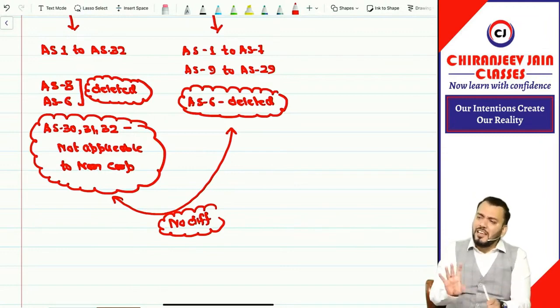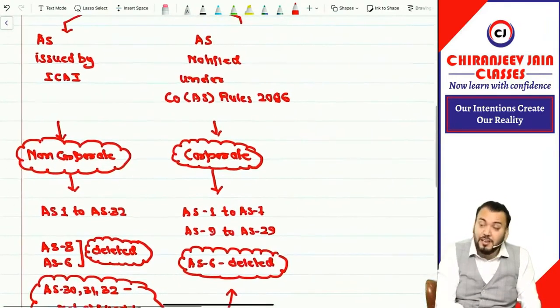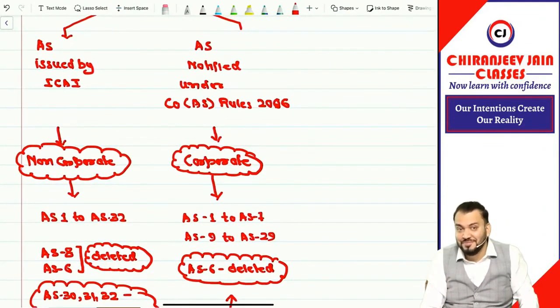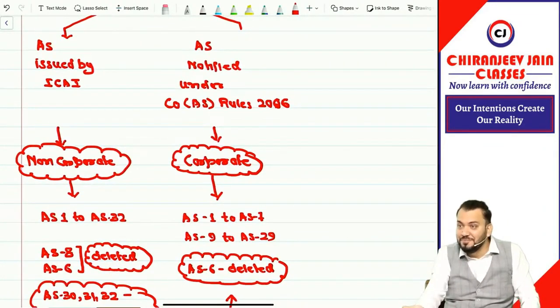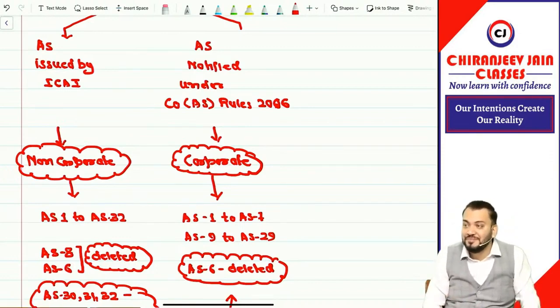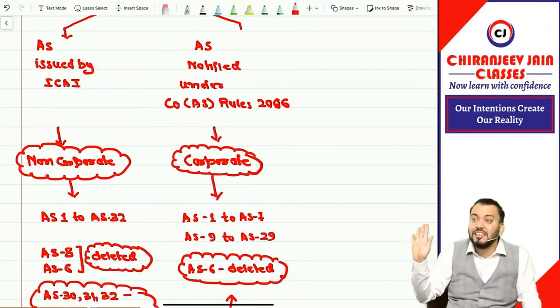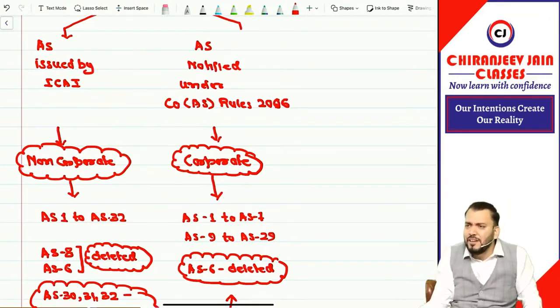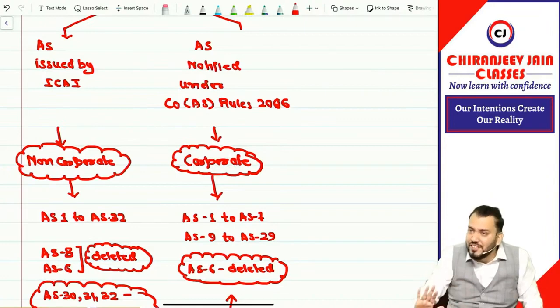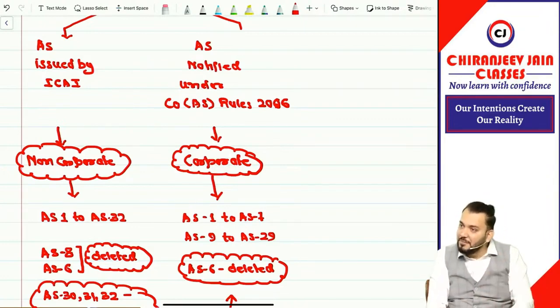Same to same. And therefore, at CA Inter level, it might happen this much explanation was not given, because both were same, whether applicable to companies or non-companies. Initially there was some difference, but now that difference has been removed. So nothing to discuss about that. Got it? Have you understood?